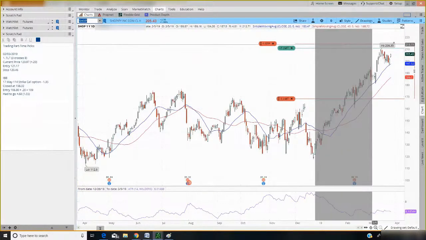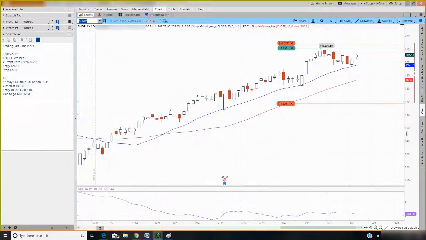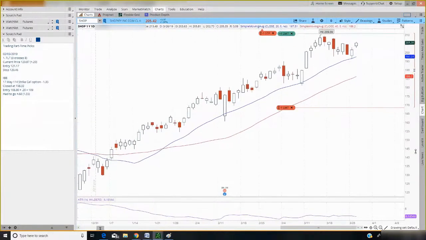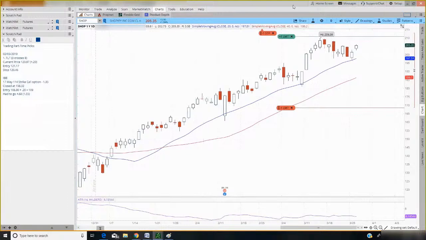Wow. Shopify. Does everybody know what Shopify is, right? Look at this. Isn't this beautiful? Okay. So this is Shopify. The blue line is above, clearly, the blue line is above the red. We can see this, right?